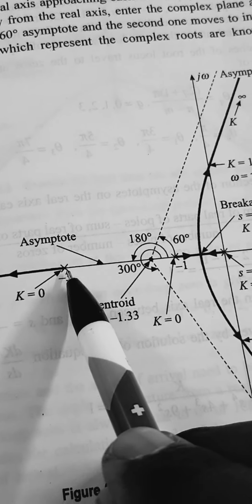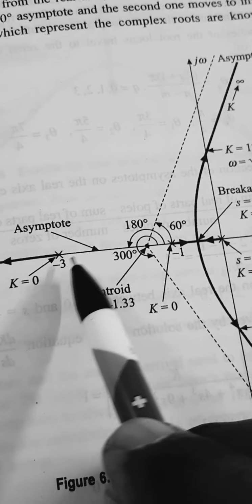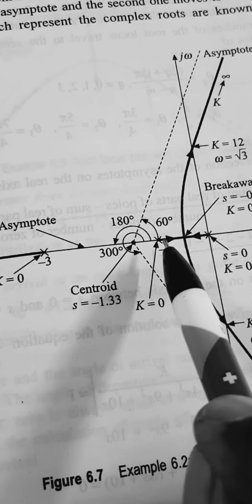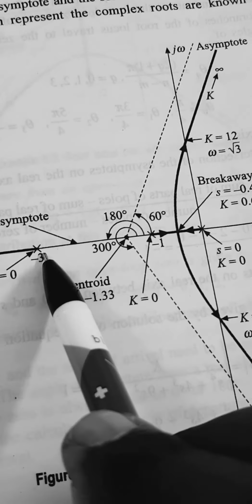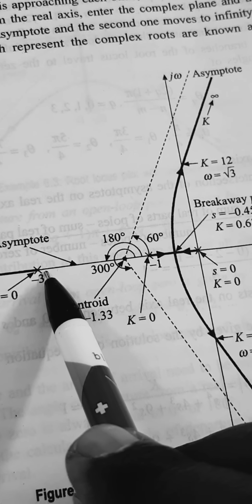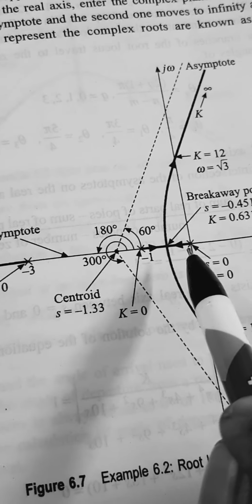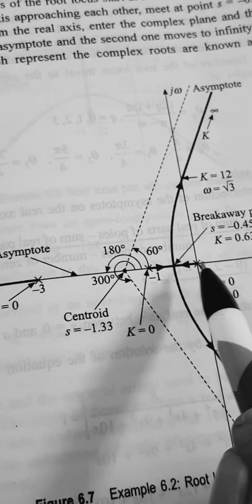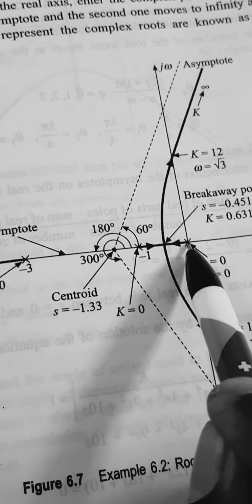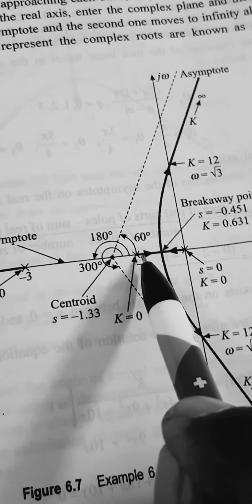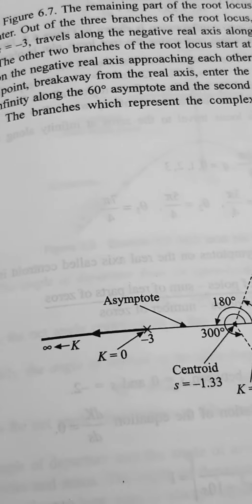Now the segment between minus 3 and minus 1 has 2 poles to its right, that is an even number, so this is not a part of the root locus. Now the segment between minus 1 and 0 has a pole on the right hand side of this segment, so this is included in the root locus. So that is the third rule.